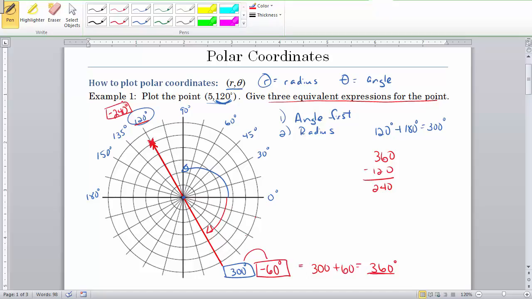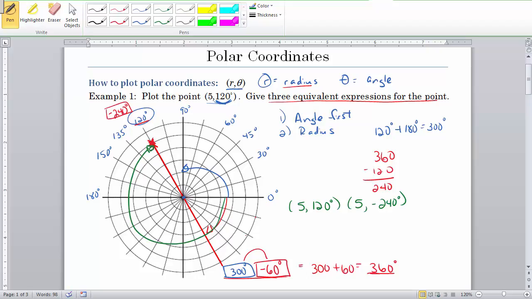So now I've got 4 angles, but you're going, that's not the same. But hold on. The radius can be positive or negative. I know this is confusing. So one name, of course, is (5, 120 degrees). Another name would be (5, -240 degrees), because I would start at 0 and rotate in the negative direction and be there.